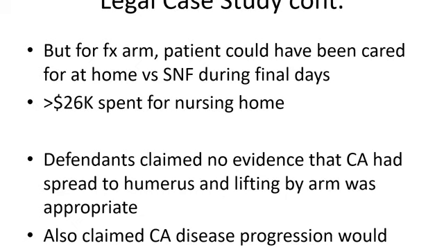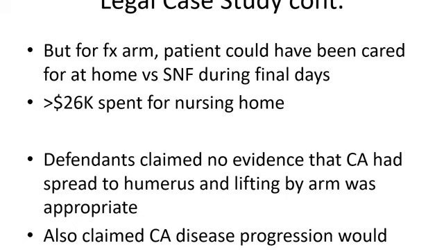The defendant nurses claimed that there was no evidence that cancer had spread to the humerus and lifting by the arm was appropriate, and also claimed that the disease progression would have left the patient in the same state of disability. The verdict was $92,000 for the plaintiffs because she had a diagnosis of metastatic bone disease.